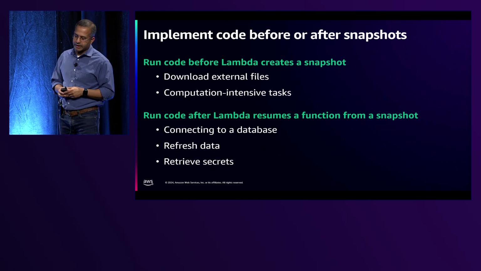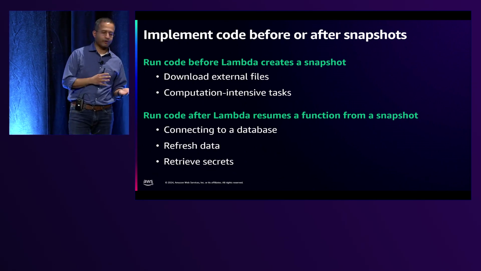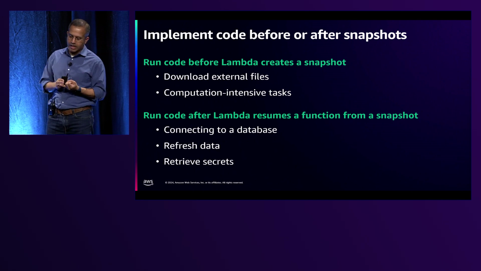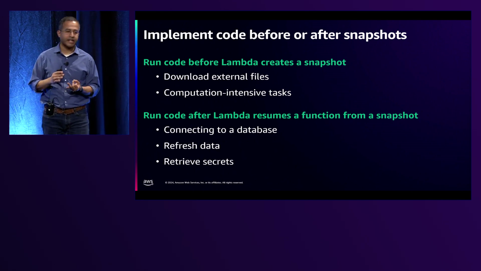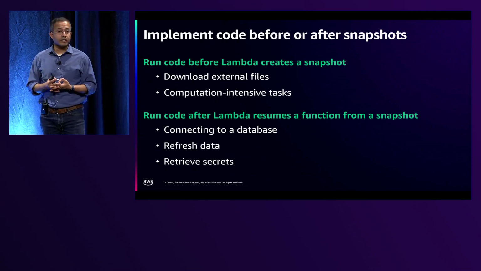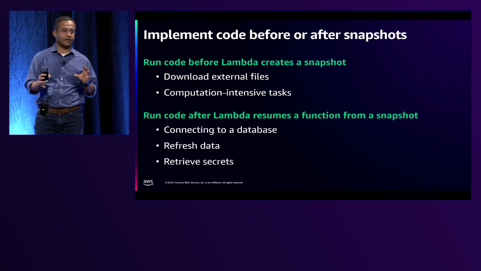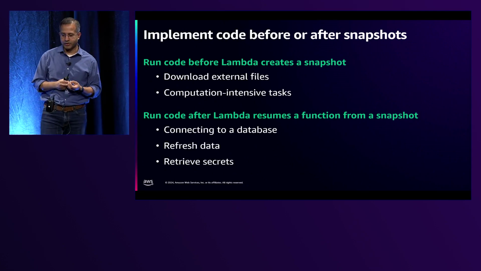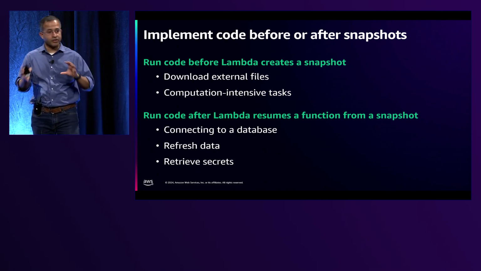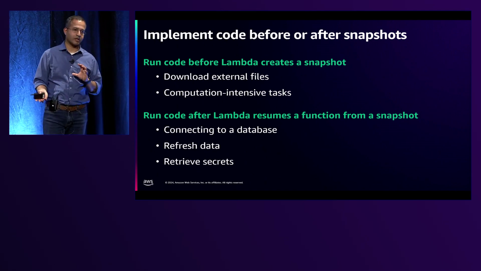Typically what we see is these hooks are helpful for running cleanup and initialization, setting some dynamic configurations. If you have external integrations, you can decide what is ideal in terms of running this code before or after a snapshot is created.